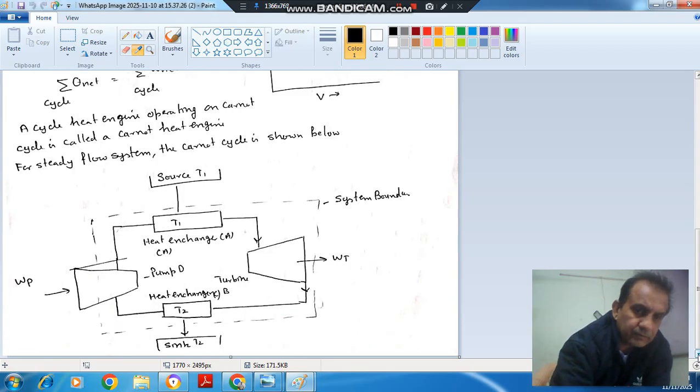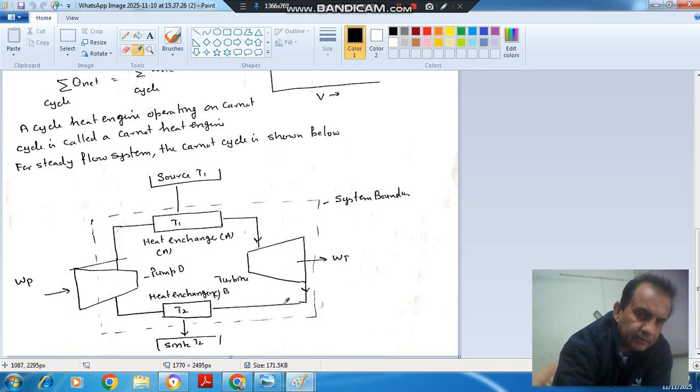This cycle can also be studied when the fluid is flowing through a power plant. In this diagram, a fluid is flowing through the turbine, the compressor and the heat exchangers. This fluid gets heated at constant temperature in heat exchanger A, and then it is fed to a turbine where it does some work, which is WT.